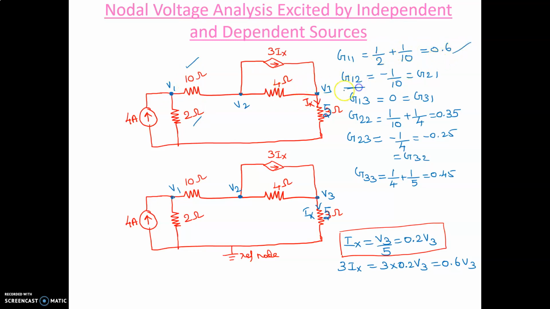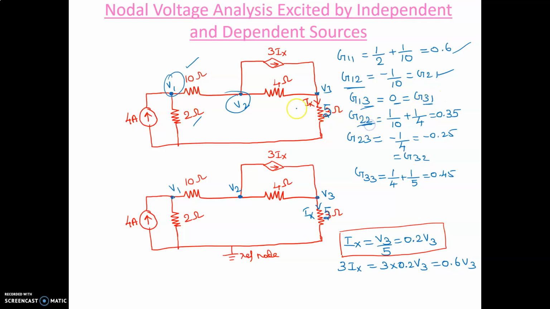Then G12. G12 is the reciprocal of the resistance which is common between the first and second node, with a minus sign, which is minus 1 by 10, equal to G21. Then G13, the reciprocal of resistance common between first and third node, which is 0, equal to G31.